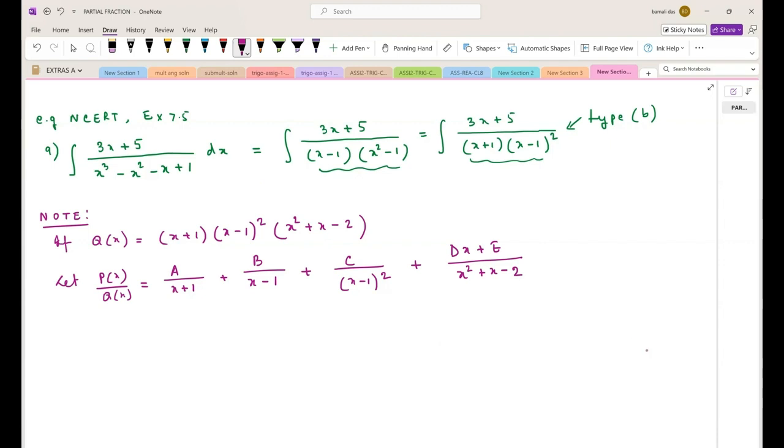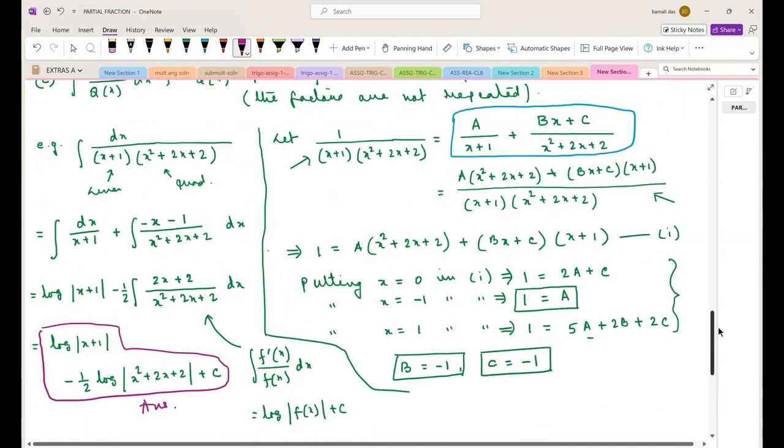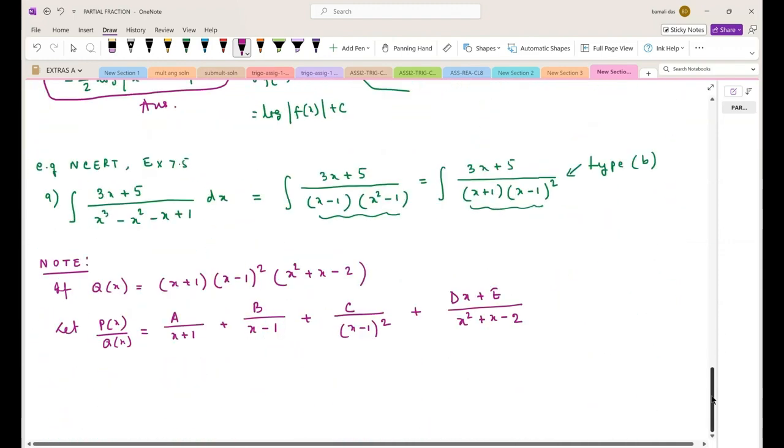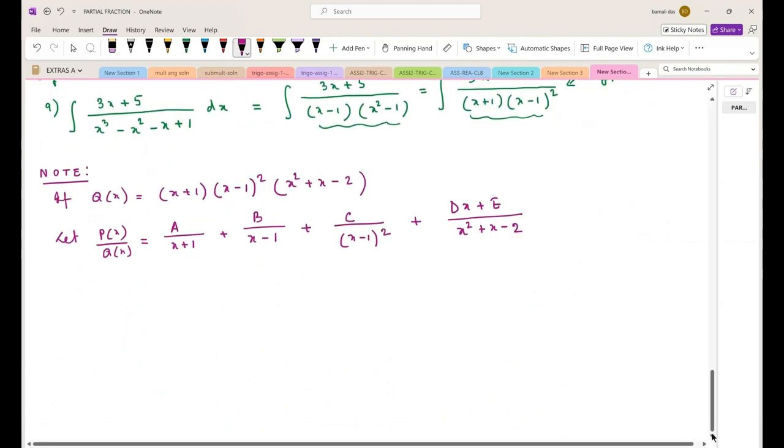Okay, so that's with type C. Now, these are the three main types, but remember I told you in all these types we made a pre-assumption that the degree of the numerator px was strictly less than the degree of the denominator qx.